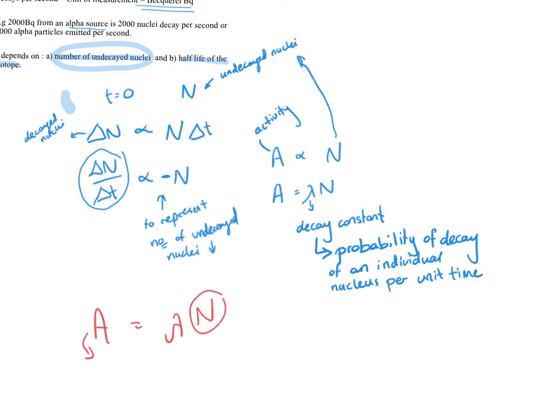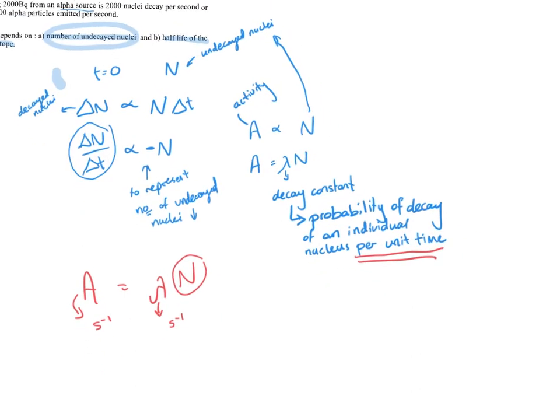Activity has a unit, since it's the number of decays per second, becquerels, but it is still per second in SI units. That means that lambda, the decay constant, will also be per second, since there are no units for n. So it is the probability of decay. Probabilities don't have units, but per unit time. That part can help you remember it if you don't remember it in terms of the definition.